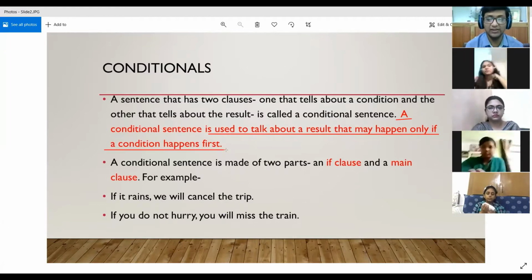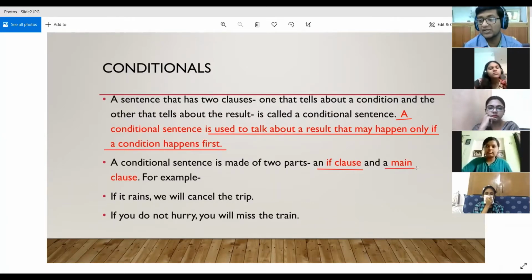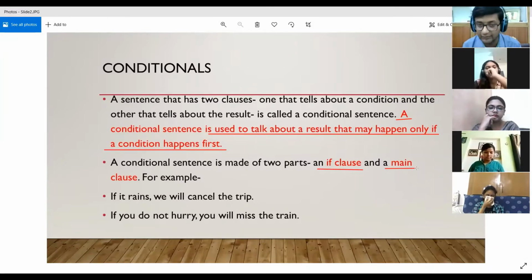A conditional sentence, first of all, is made up of two parts. There are two clauses present: an if clause, which starts with if, and then a main clause, which gives the result. So the if clause gives us the condition, and the main clause tells us the result when that condition occurs.